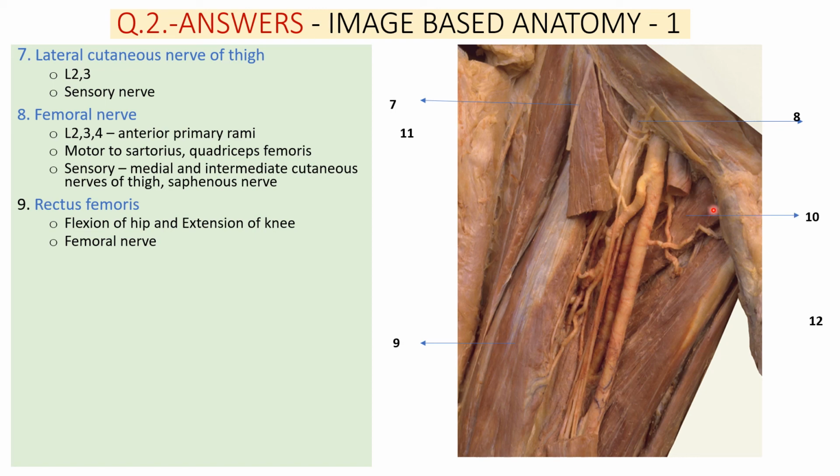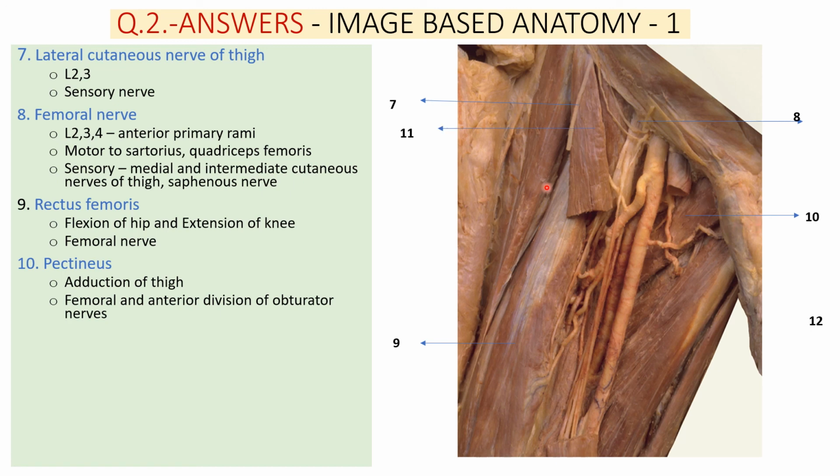Then coming to the 10th one, it's a muscle, and it is called the pectineus muscle, and it is the adductor of thigh, and it is in the adductor compartment. So this adductor muscle is supplied by the femoral nerve and anterior division of obturator nerve. Both nerves will supply it. That is the peculiarity of this muscle, which has got dual innervation.